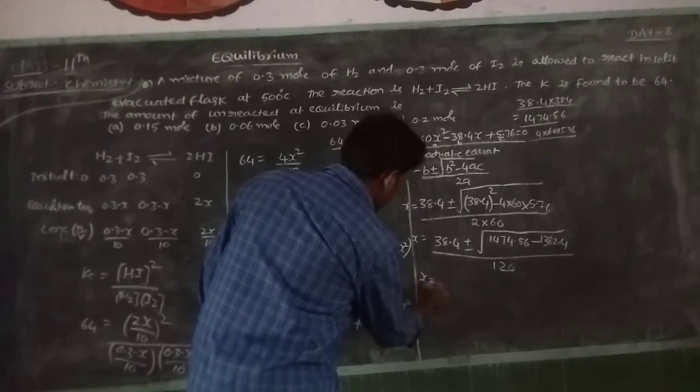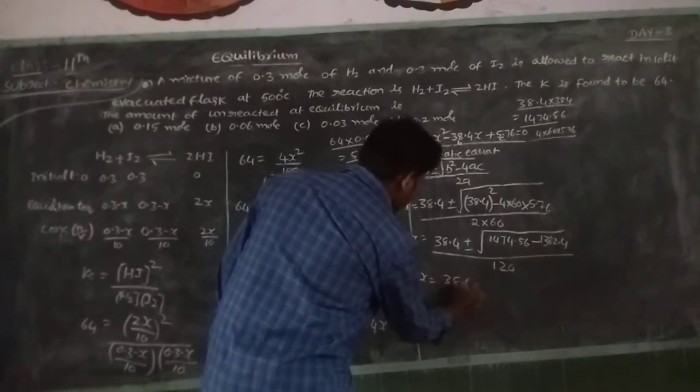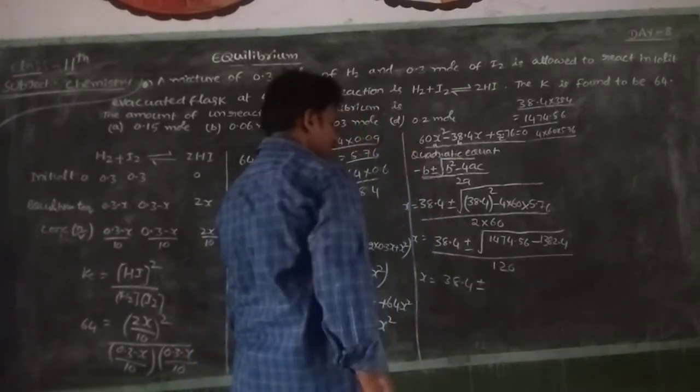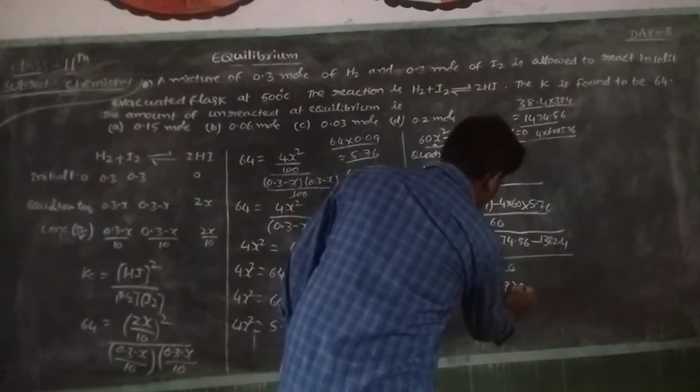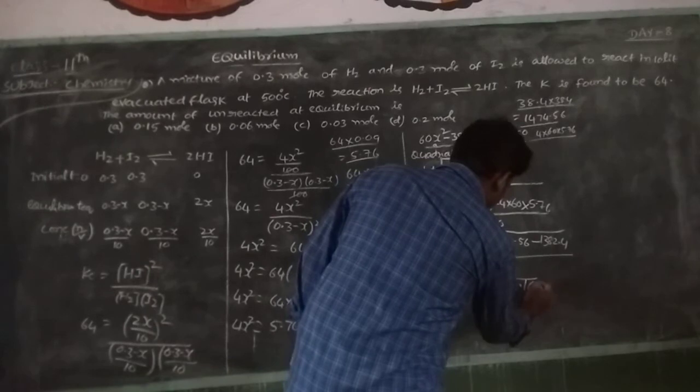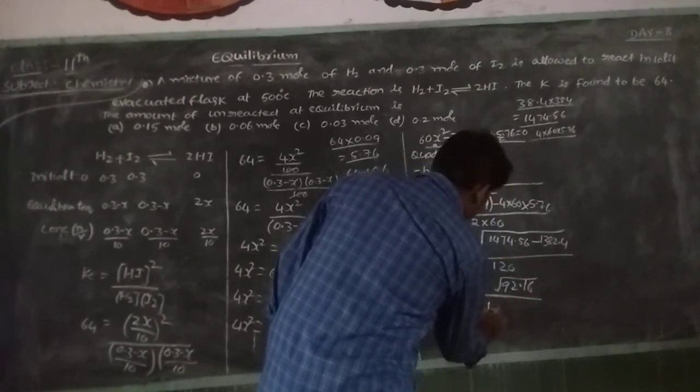Calculate x is equal to 38.4 plus or minus. Have to calculate 92.16 upon 120.